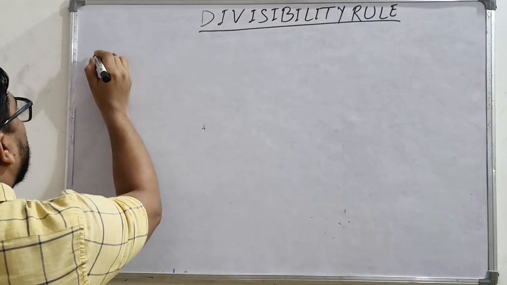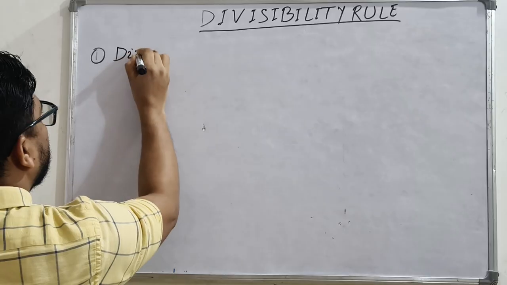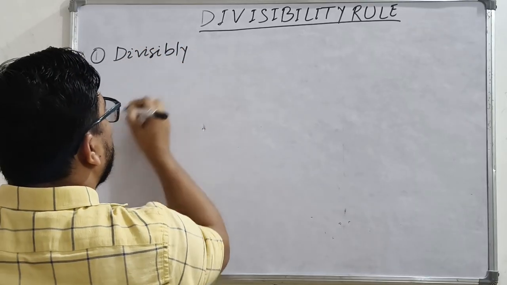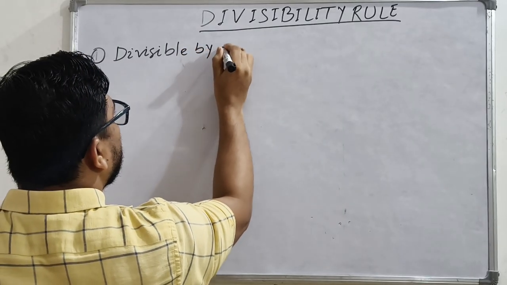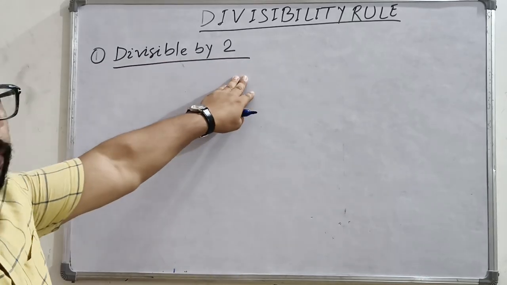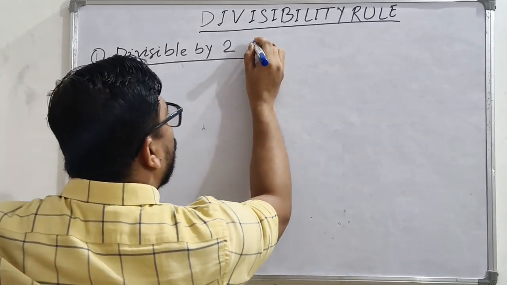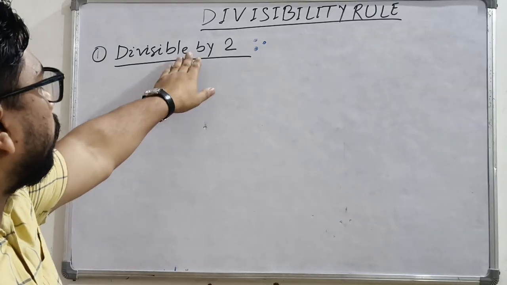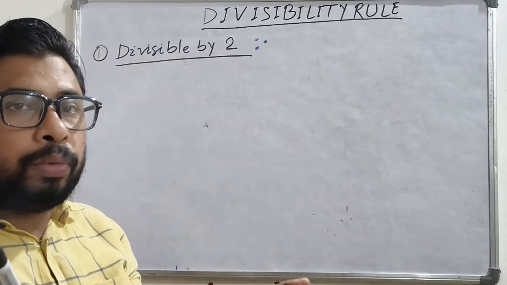Now, the first one is divisibility by 2. Test of divisibility for 2. Which numbers are divisible by 2?